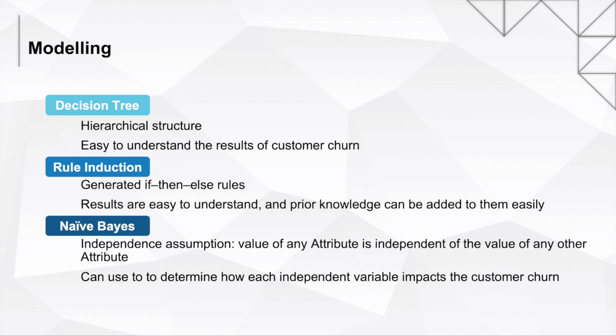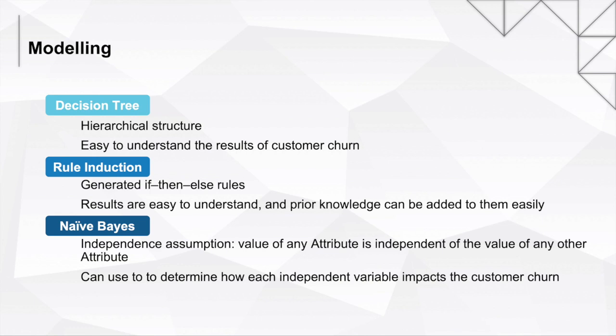The rule induction model builds if-then-else rules, while each rule is independent. It has the advantage that the results are easy to understand and prior knowledge can be added to them easily. Customer churn can be predicted based on a set of input variables by using this model.